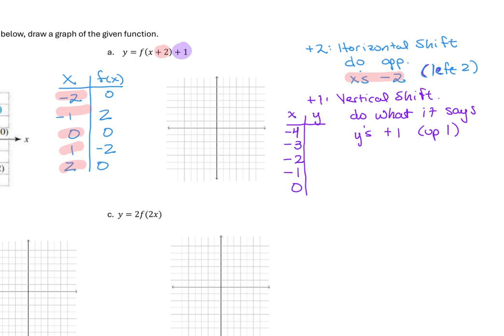For our y's, we want to do what it says. So it says we want to add 1 onto the y's. And so when we do this on each one of these, we're going to get 0 plus 1 is 1, 2 plus 1 is 3, 0 plus 1 is 1, -2 plus 1 is -1, and then finally 0 plus 1 is 1.